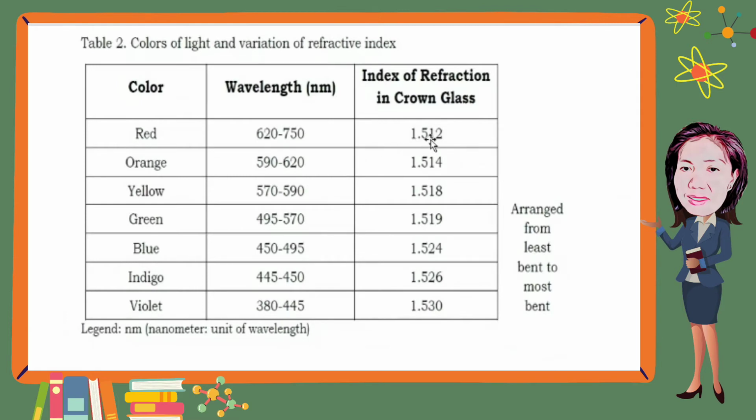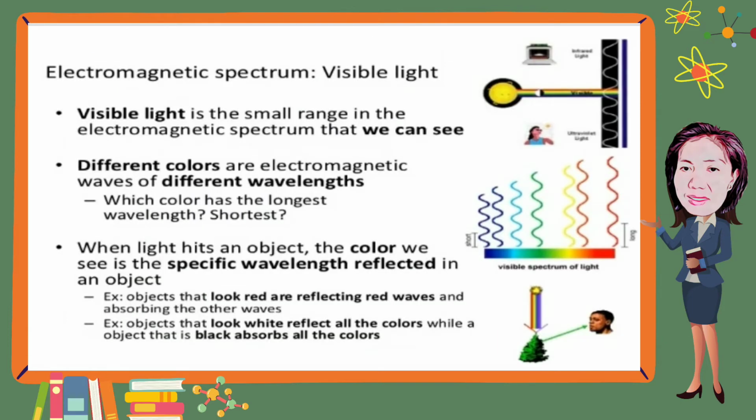So 1.512. So ang index of refraction niya, kung i-compare natin, lesser compared to purple or violet. So pag least ang index of refraction niya, usually nasa top siya. Okay, pag greater ang index of refraction niya, nasa bottom siya.